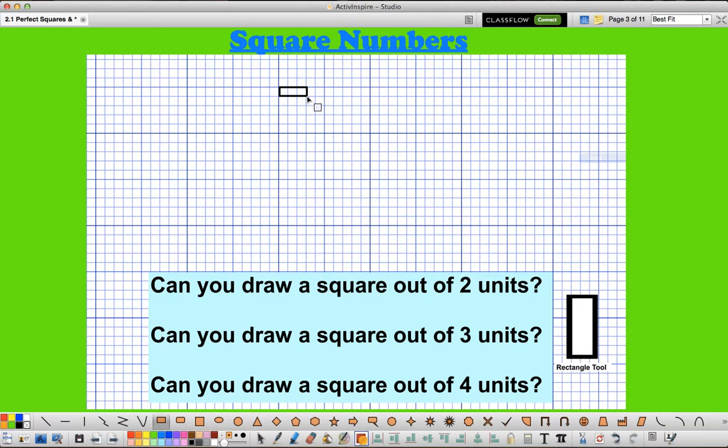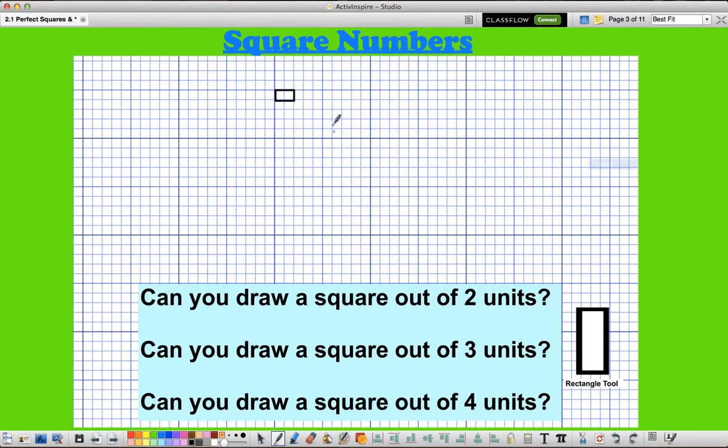I can do 3, but it's still 1 by 3, or I can even go 1, 2, now I've used 3 squares. Still doesn't work. I still don't get a square. So I can't do it with 2. I can't do it with 3.